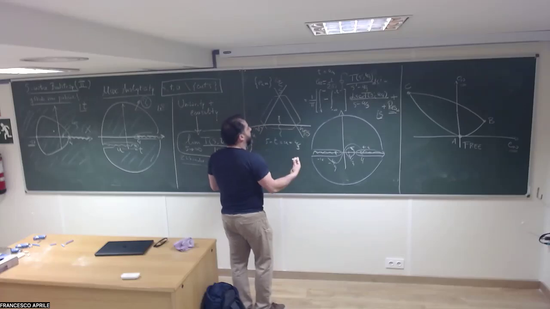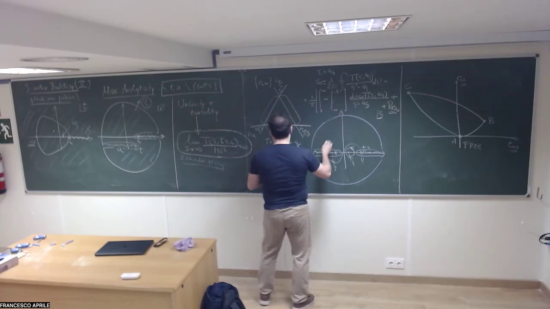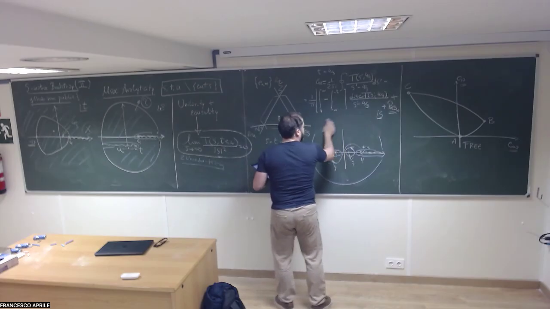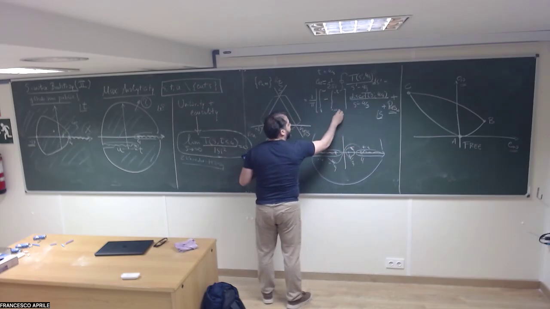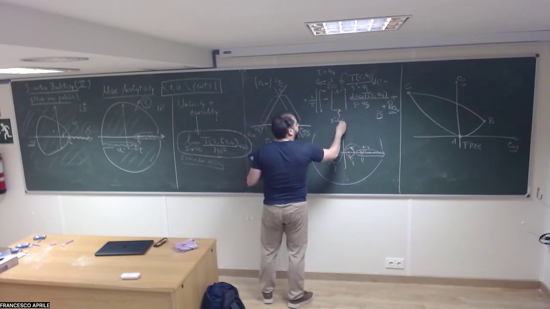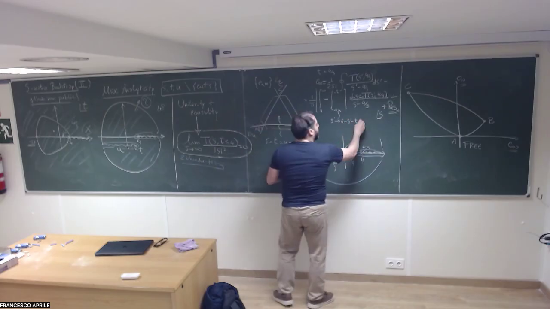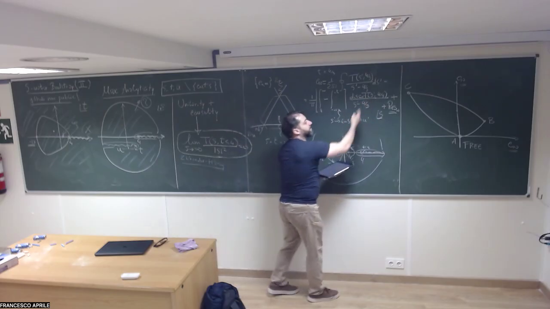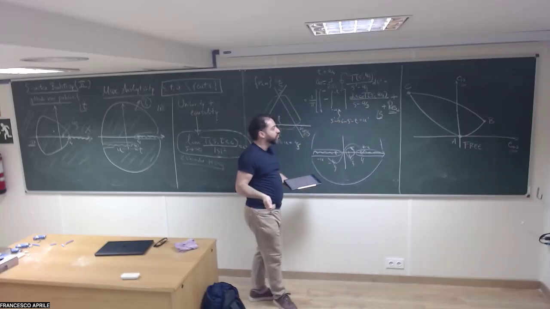Okay, now using crossing, you can do a change of variable. I can send s prime to 4 minus s prime minus t, which is u. Then I have to change variable here, but because of crossing, this is the same discontinuity, it doesn't change.